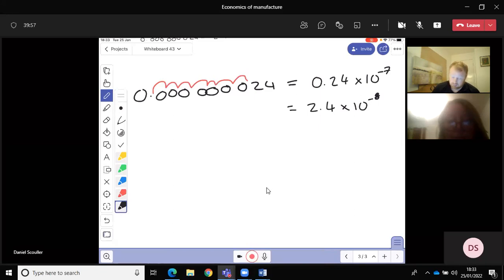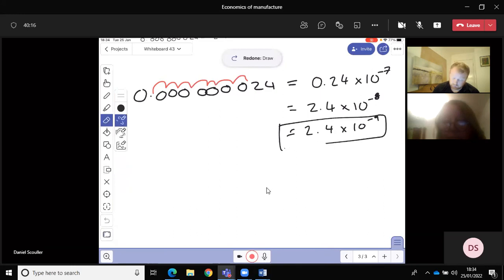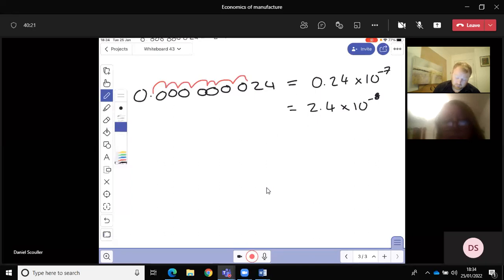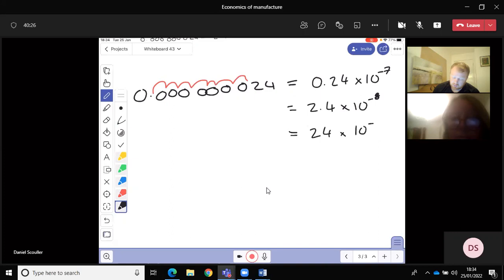Some people like to do it times 10 to the -9, in groups of 3, so you might see things like that written out. Again, if your calculator's showing you that, it's still correct, the decimal point's just been moved one further bit back.